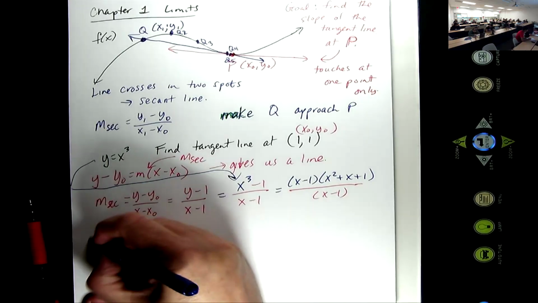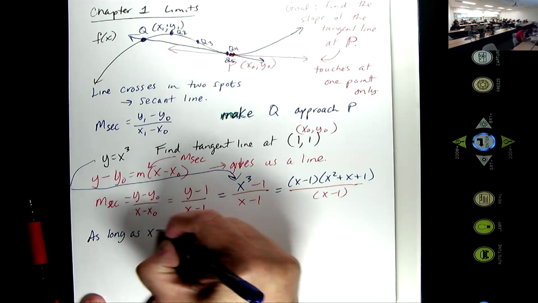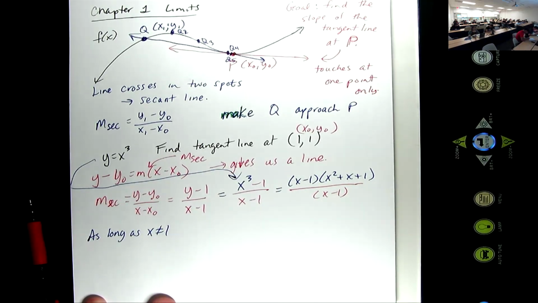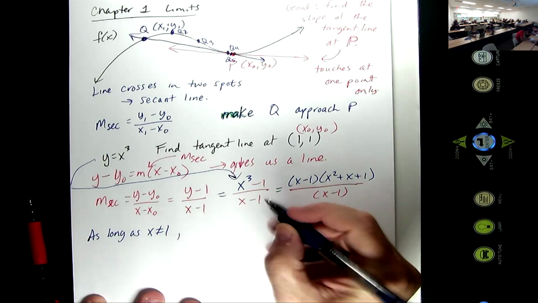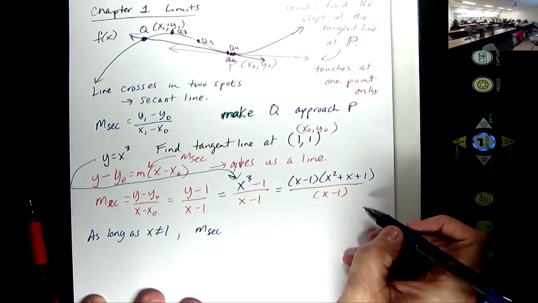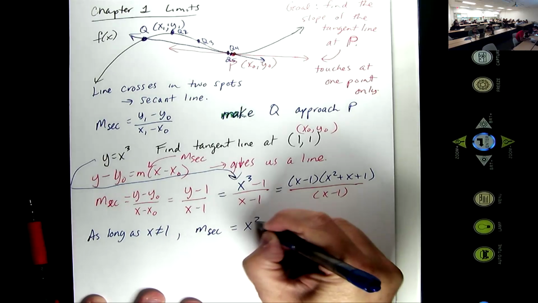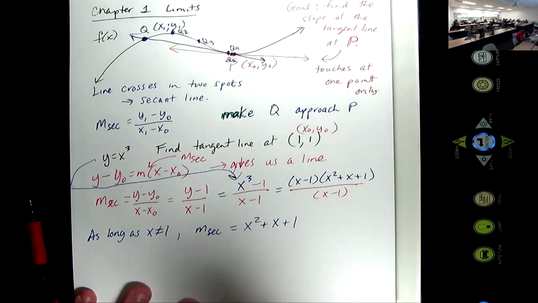So as long as x does not equal 1, we can calculate this. M secant will be, we can cancel out the x minus 1s, right? It would just be x squared plus x plus 1.